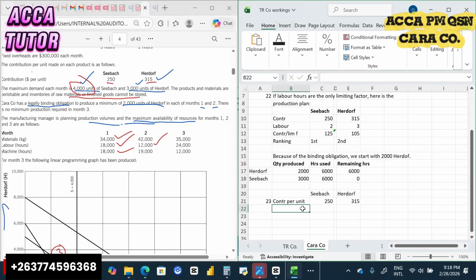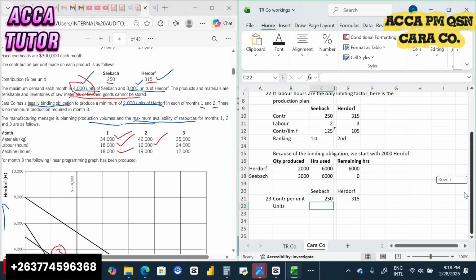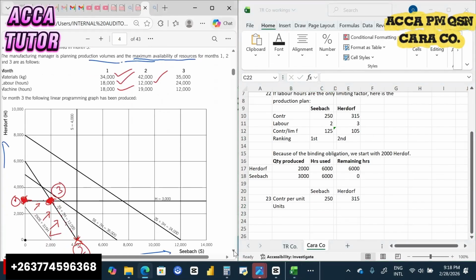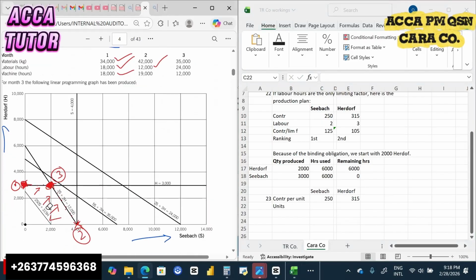Then the units. The units are shown in the graph. The graph is saying how many C batches have been produced at this intersection, at point 3. In terms of C batch, we are having 2,000, isn't it?